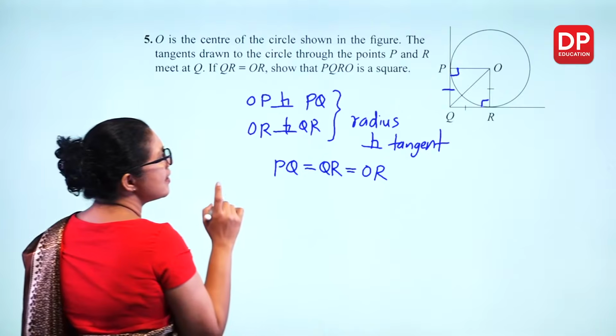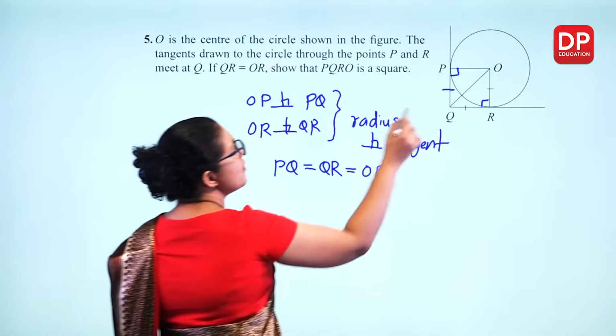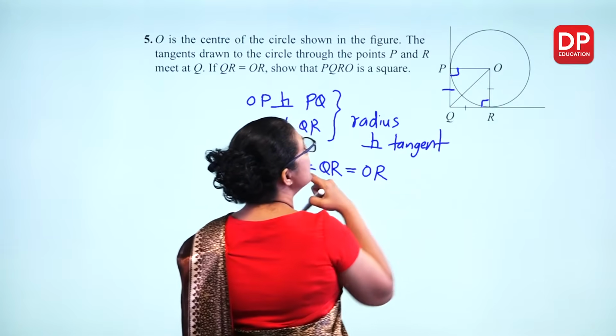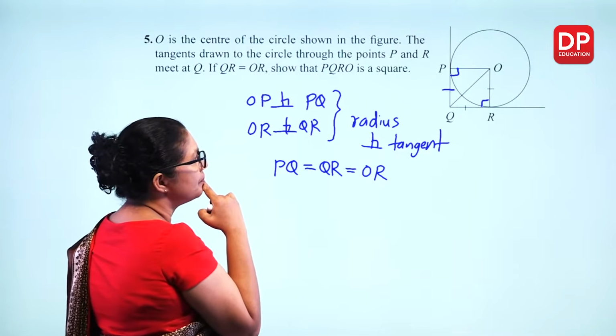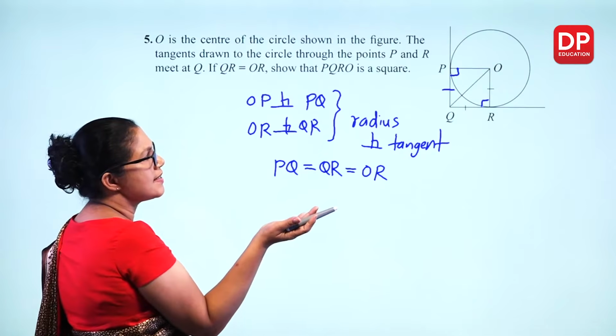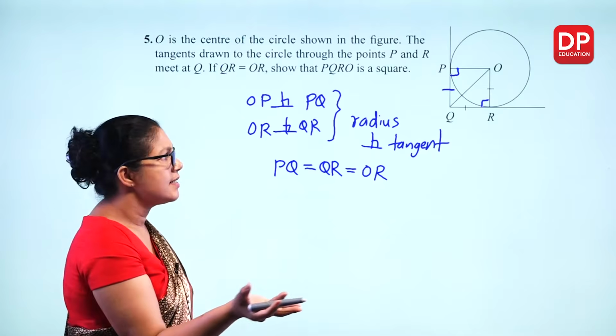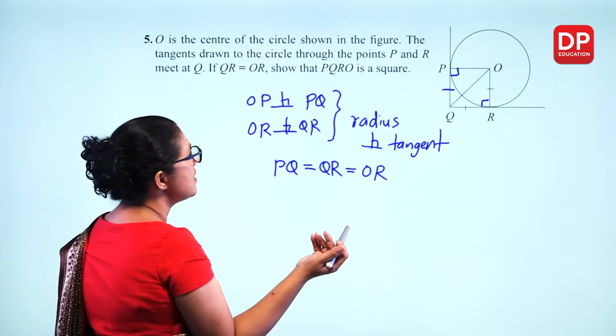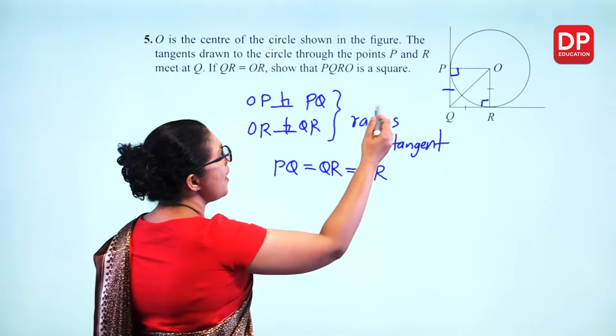It's given. So we can say all sides are equal. Then all sides are equal and 90 degrees each. So we can write down this is a square.